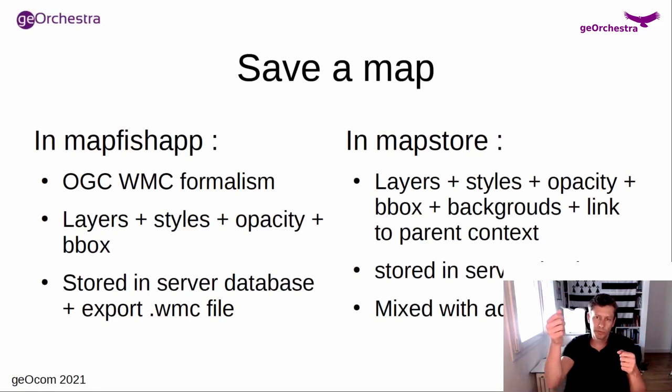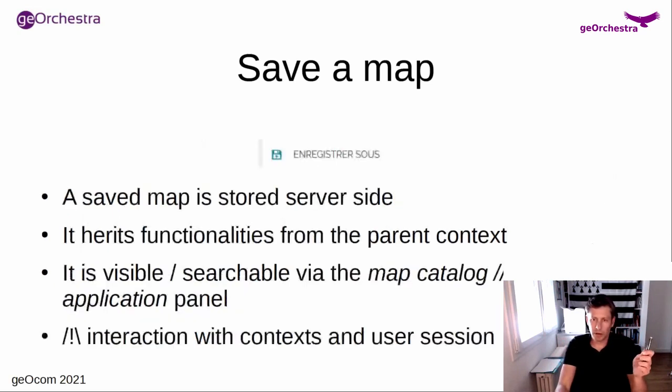So if you save as my map, this map is stored in the server database, server side, and it inherits the parent functionality, the context functionalities. And a little warning: it is mixed with admin maps, what we can offer to the users. Save the map, so server side stored.